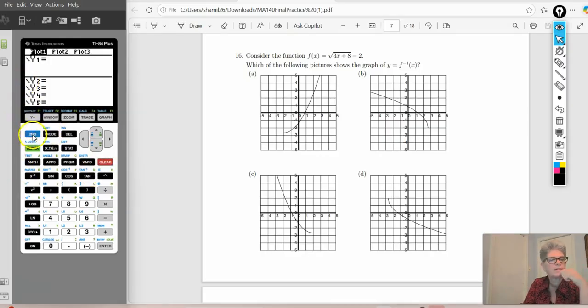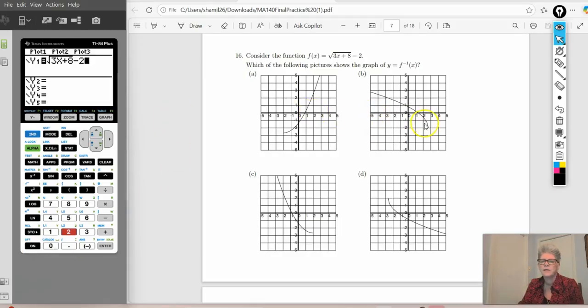I'm also going to turn the plots off, so I'm going to scroll up here and then just press enter. Okay, so I'm going to enter this in. So I want the square root of, so second x squared, of 3x plus 8. And then I'm just going to scroll over one because I want that -2 not to be part of the argument. Okay, that looks good.